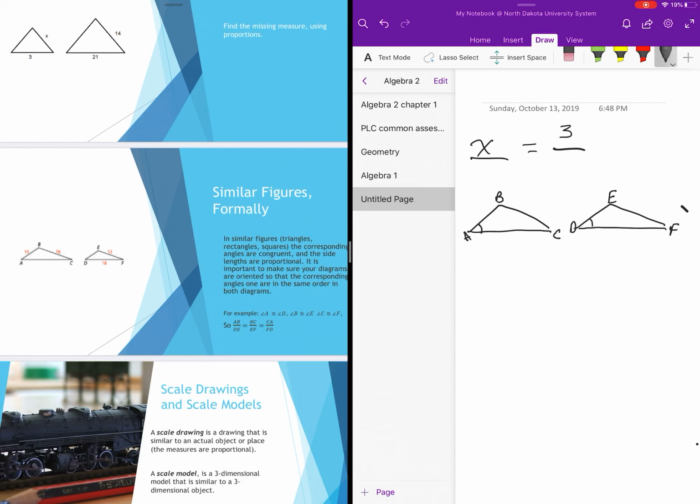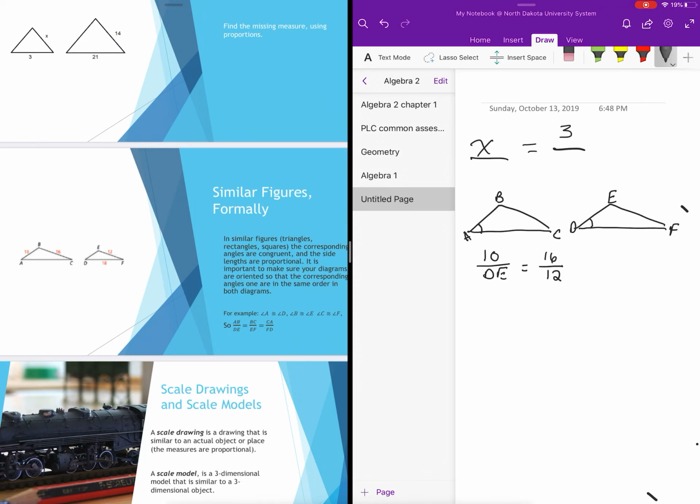Notice that this angle corresponds to that angle. That's very important because otherwise, when you set up your proportions, instead of having 10 over DE equals 16 over EF, which is 12, you might end up with an untrue proportion.